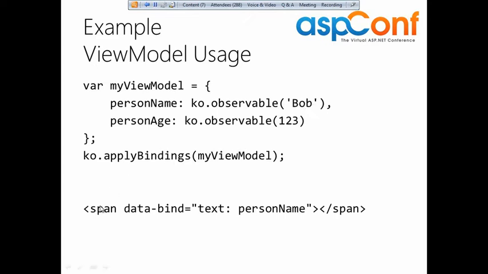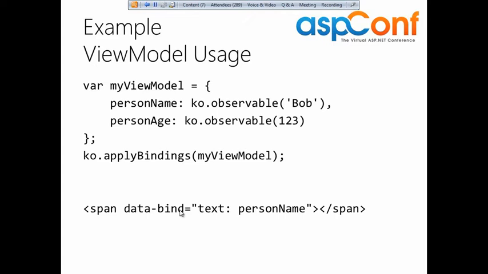And then below, the span tag is an HTML tag, and you'll notice there's a data-bind attribute. The data-bind attribute is the key to binding HTML elements to your view model. This is something that's specific to Knockout. It's a valid HTML attribute, but it won't do anything if you don't have Knockout in the page.